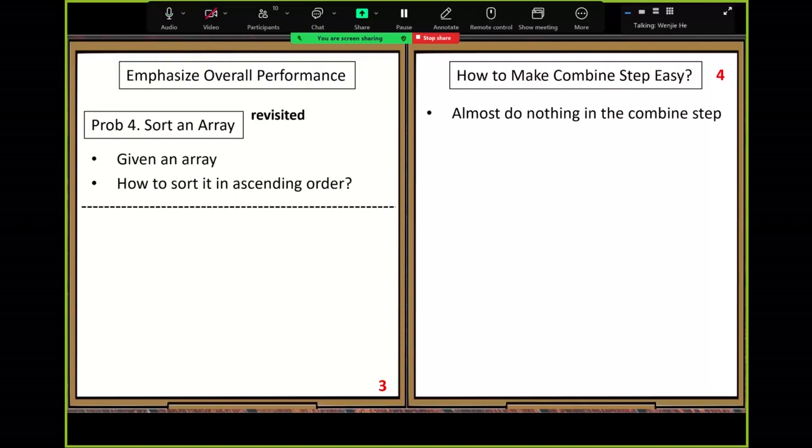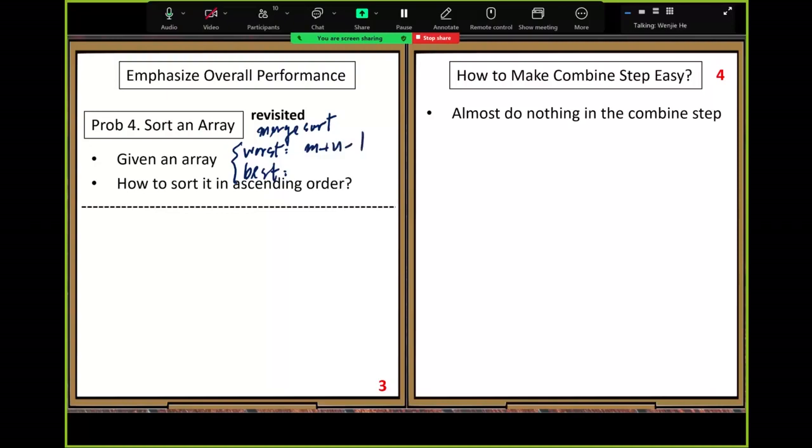Remember, in the last lecture, when we learned merge sort, we have a merge step. If we want to merge two ordered arrays, we have two formulas: the worst case formula and the best case formula. Worst case: m plus n minus 1.